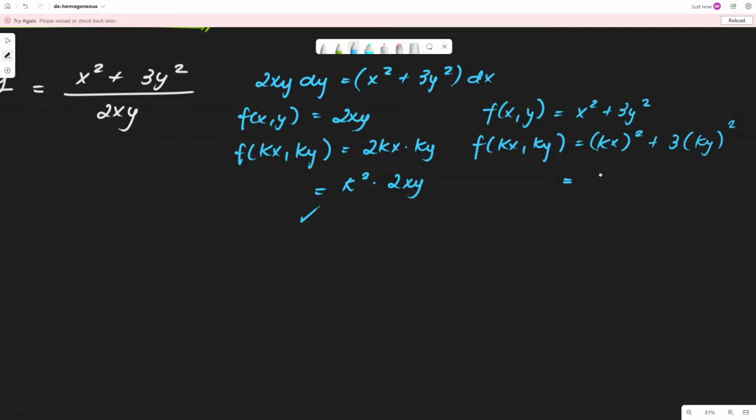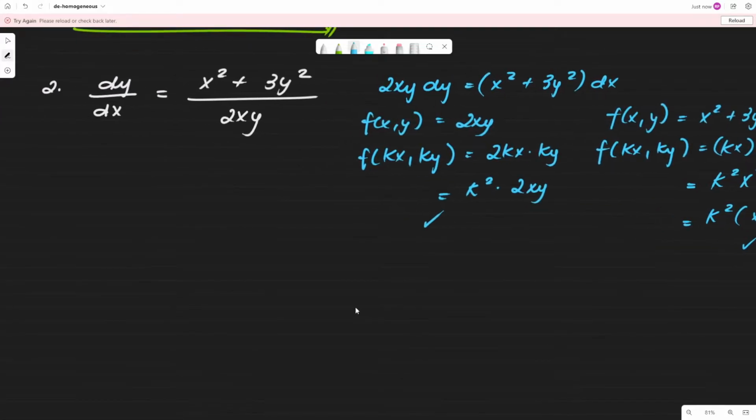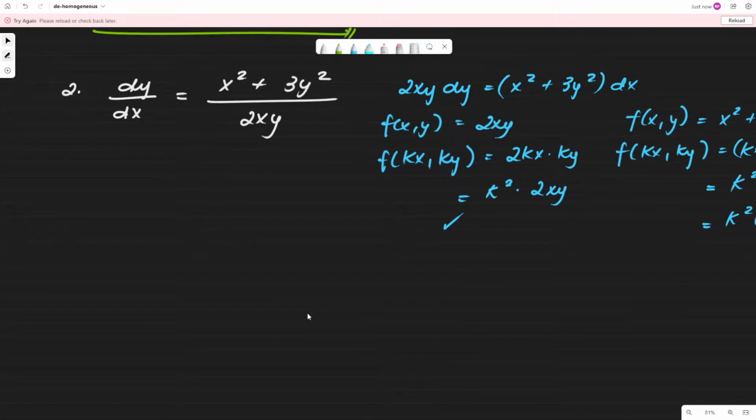Then we have, of course, k squared x squared plus 3k squared y squared. So, common si k squared, so we can factor it out. So, we have k squared multiplied to x squared plus 3y squared, which is our original function, diba? So, this also passes the homogeneity test. So, okay, we can now solve.